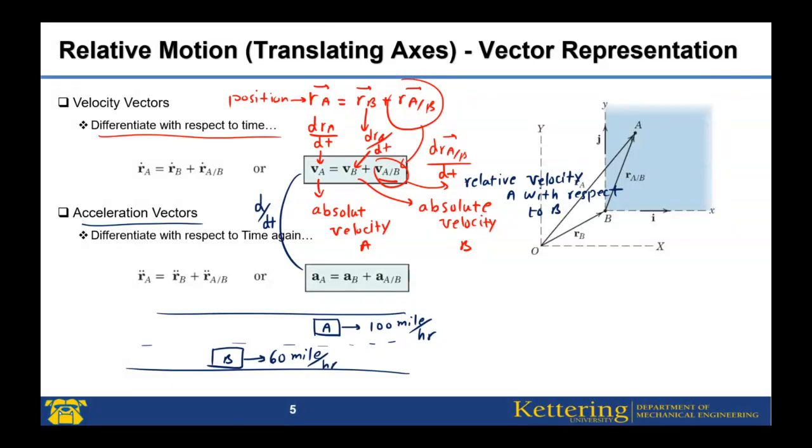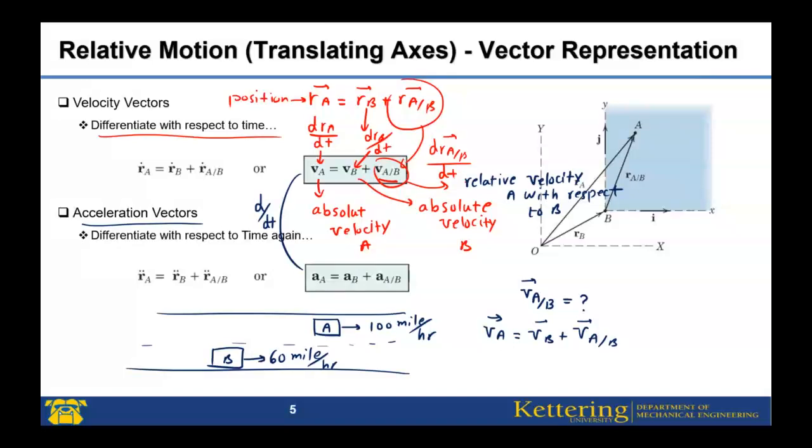Now, I want to find the relative velocity of A with respect to B. I use this equation, VA equal to VB plus VA with respect to B.